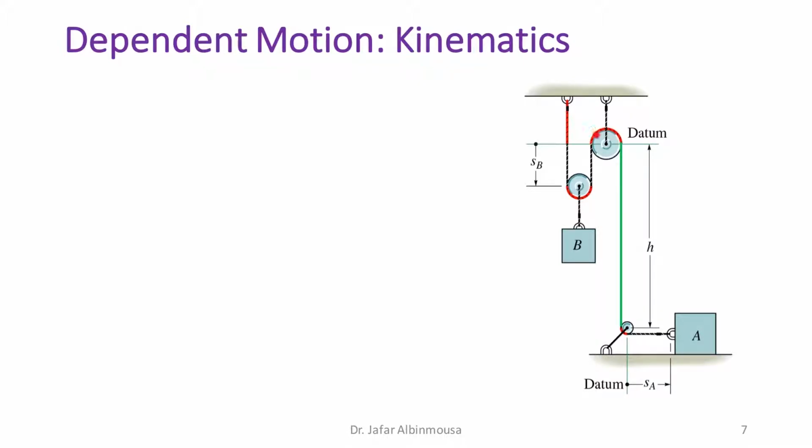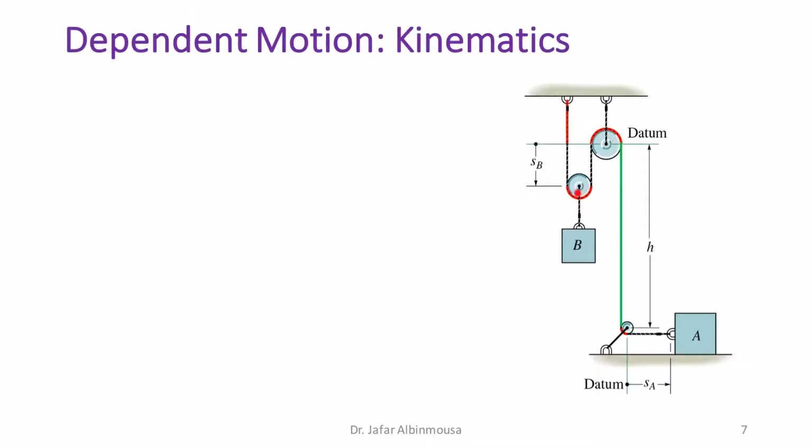Also, we marked this segment and this segment with red, because they simply don't change. They are always the same. And here we have this green segment, and it is measured with the length called H, which is the distance from block A to the datum or this pulley.